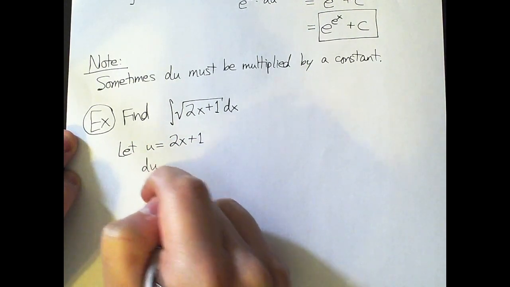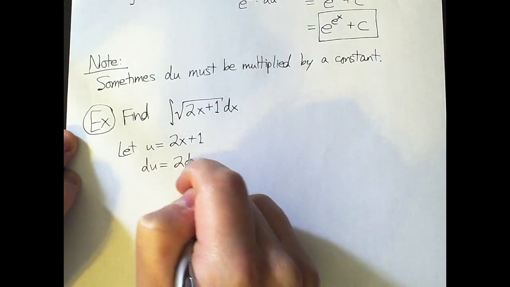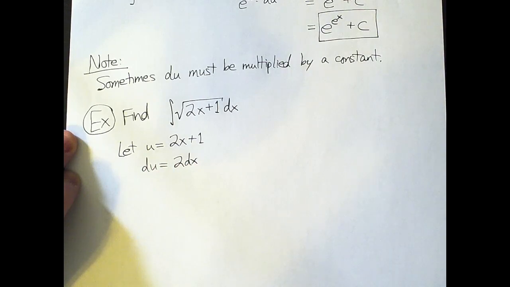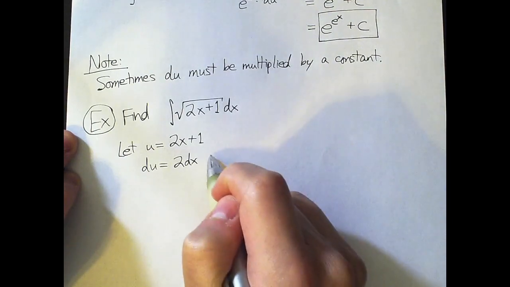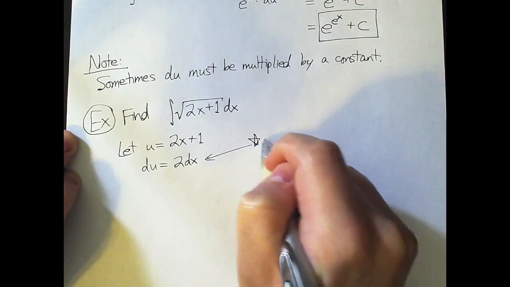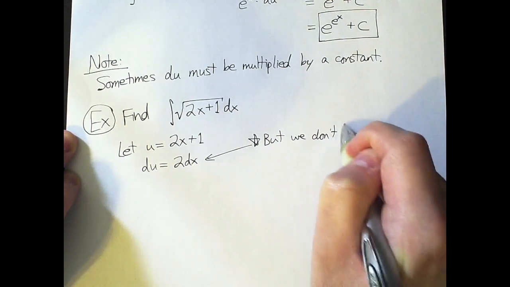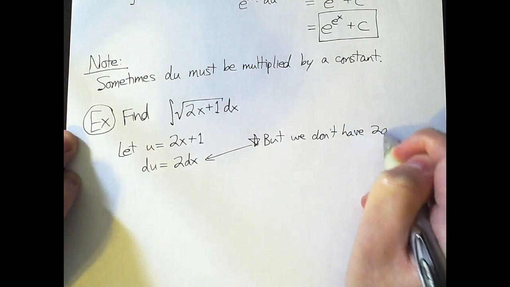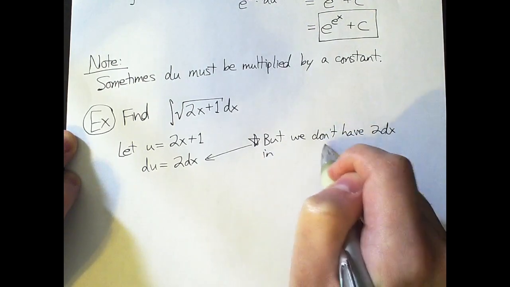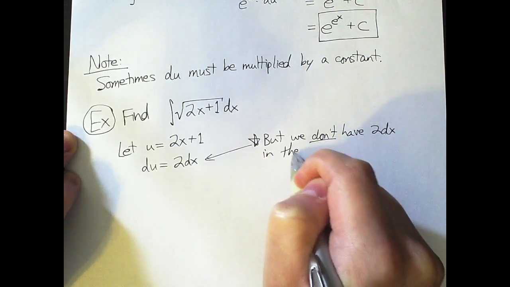Well, then du is 2dx. All right, here's what's happening differently in this problem: we don't have 2dx in the original problem.